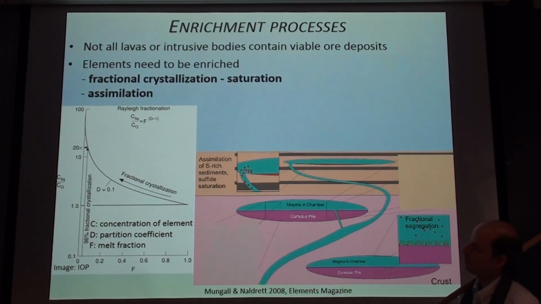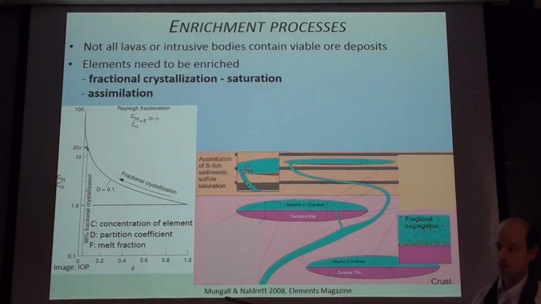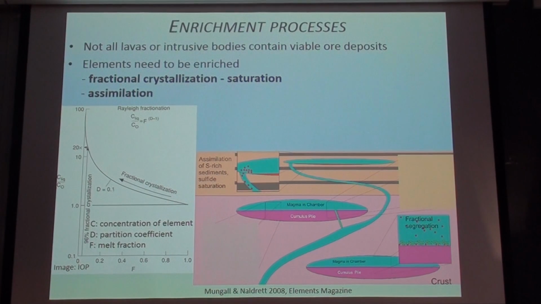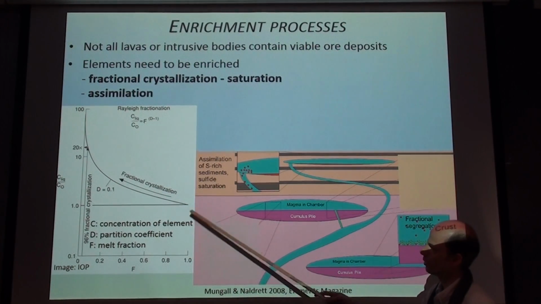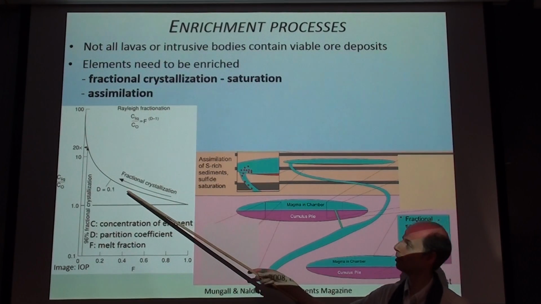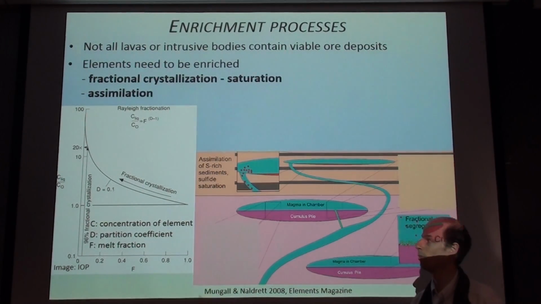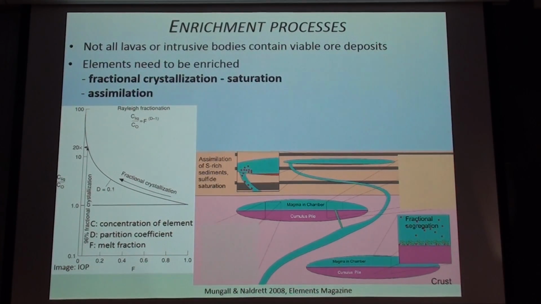If the distribution coefficient or the partition coefficient of an element is less than 1, it means that element does not like to enter whatever crystals are crystallizing, and hence the more we crystallize, the more we concentrate that element in the residual melt, until that element becomes saturated and we start to crystallize it.